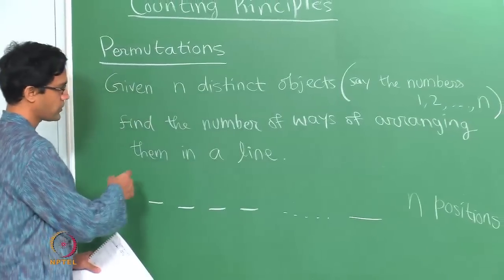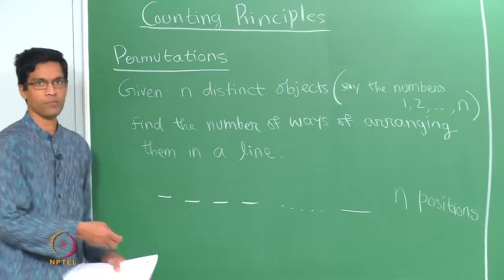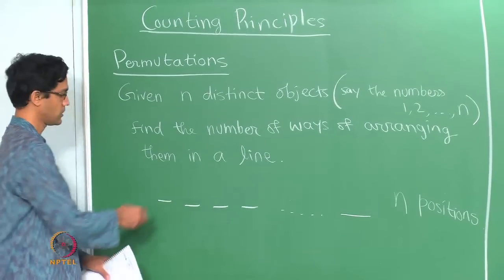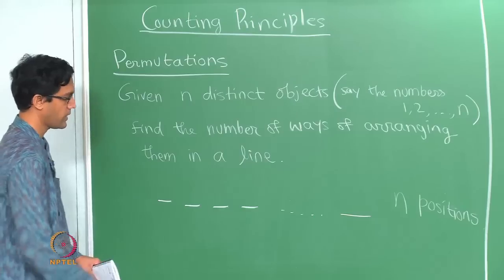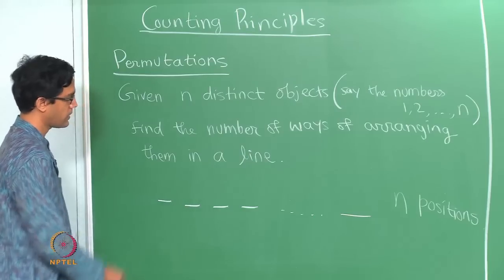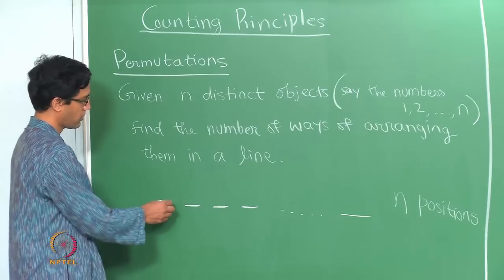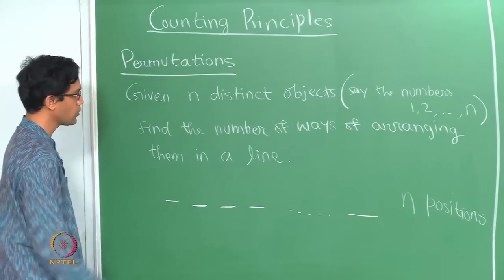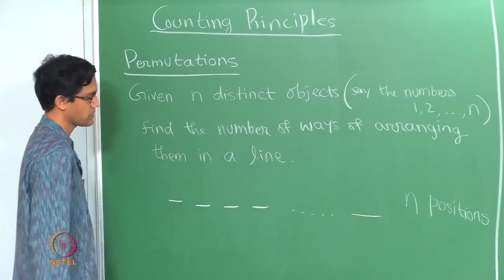Okay, so we think of this as the following problem. You are given n positions in a straight line, and in each position or box, you want to place one of these n objects.